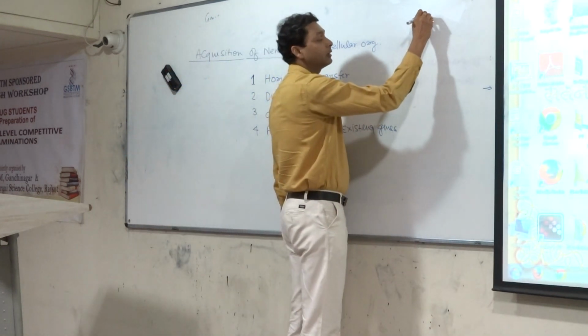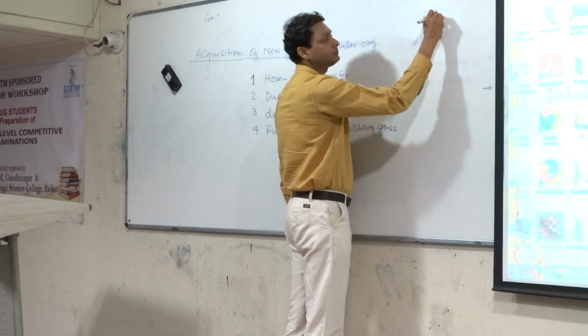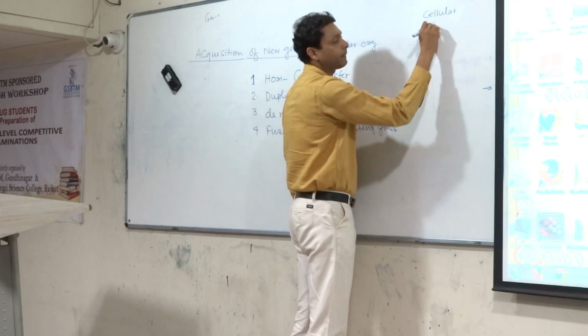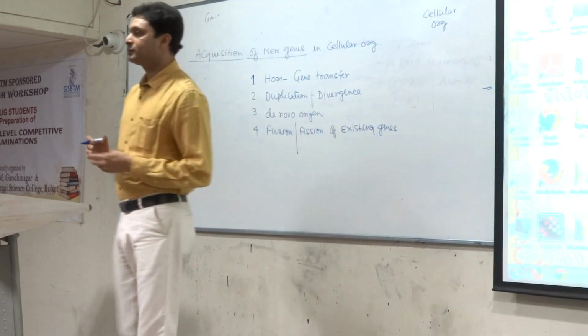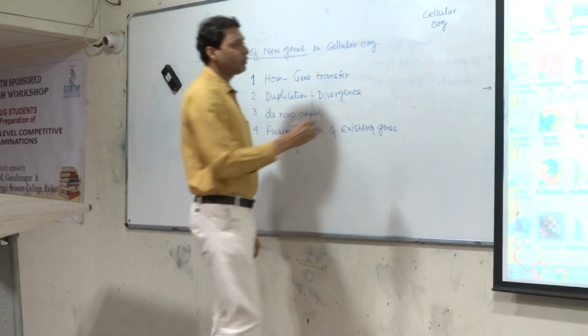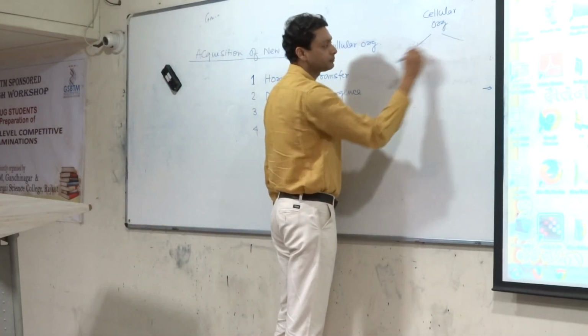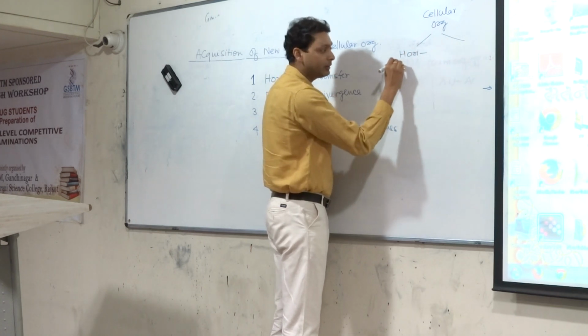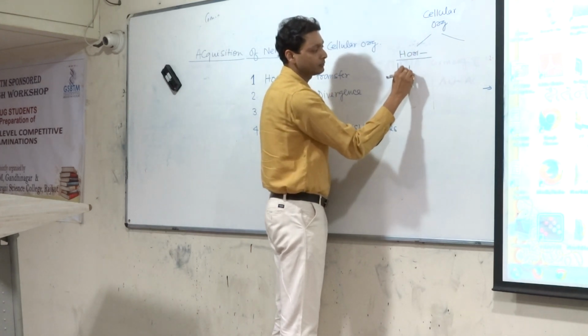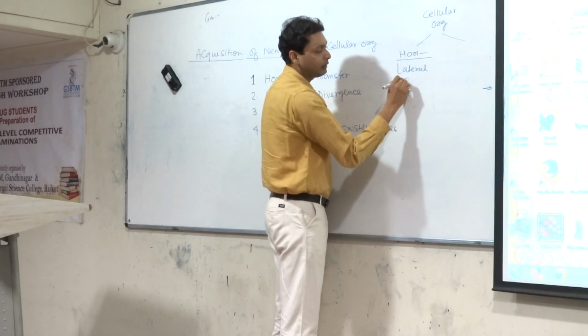In the case of the cellular organism, there are two different ways for gene transfer. One is known as horizontal gene transfer, also termed lateral gene transfer.